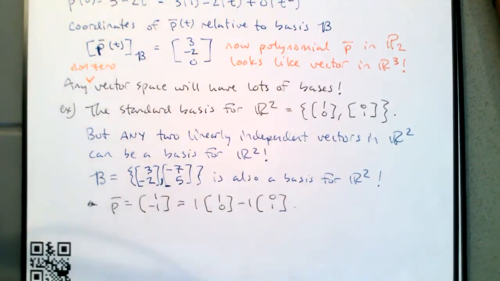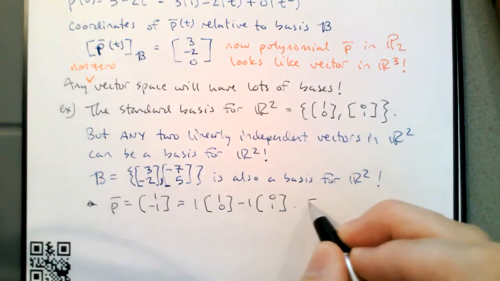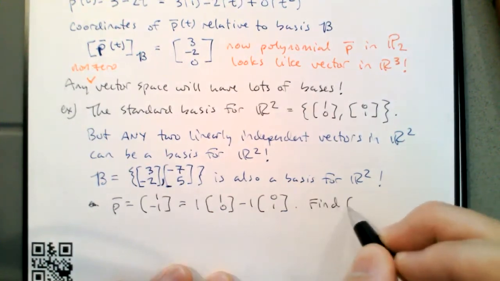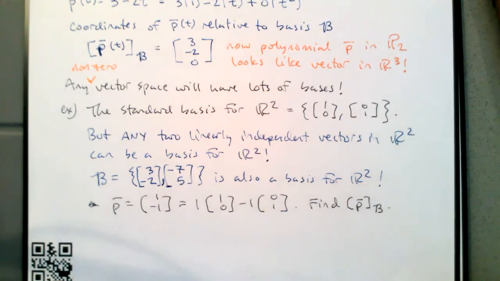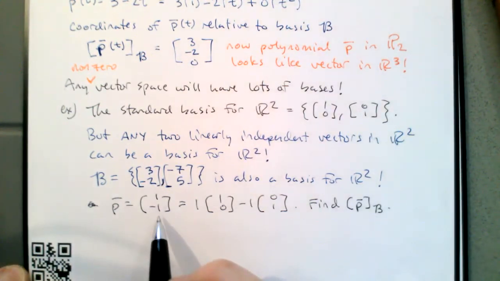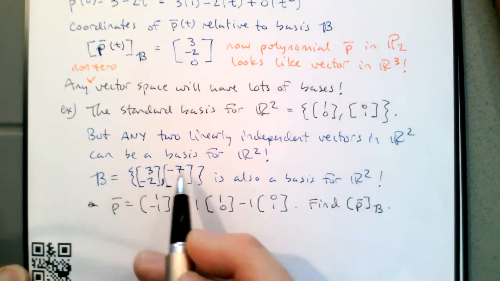The standard coordinates of this vector could be, say, 1, -1. Well, let's find the coordinates of p relative to the basis B. That is, write 1, -1 as a linear combination of 3, -2 and -7, 5.